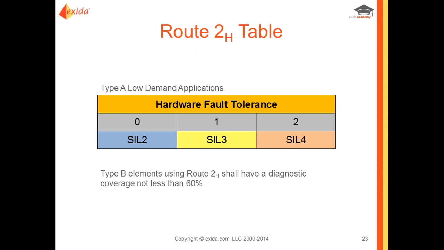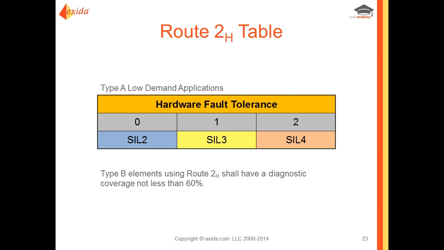So to calculate the safe failure fraction for the element, you would take the safe failures divided by the total failures for the element. Before the release of the 2010 version of IEC 61508, we had the 2000 version of the standard, which allowed all no-effect failures to be considered as safe failures for the purpose of calculating the safe failure fraction.